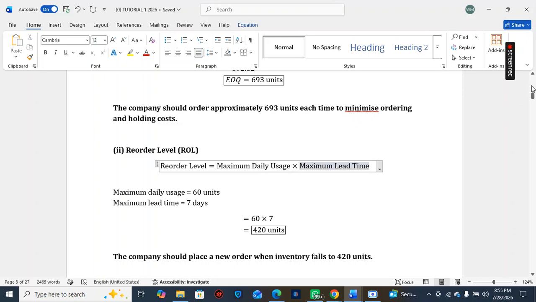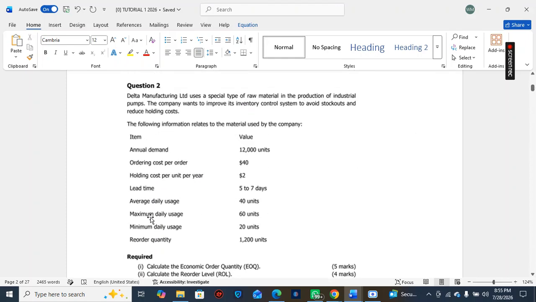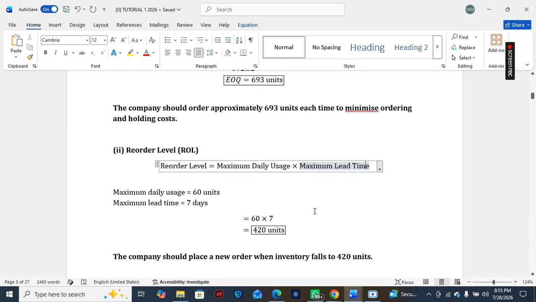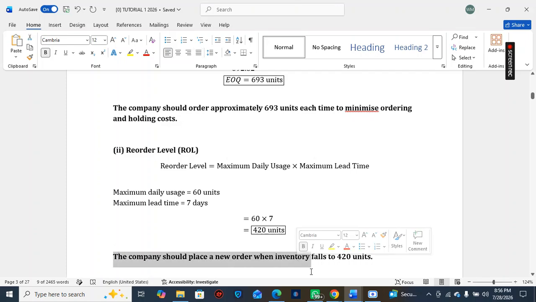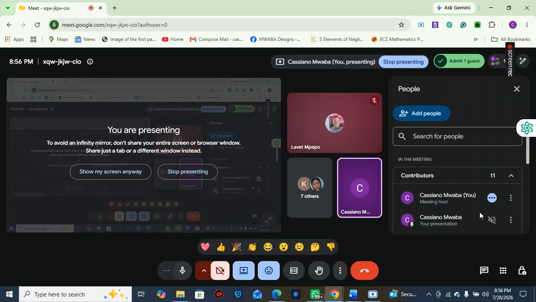Here we're given maximum daily usage 60 units, maximum lead time 7 days. So 60 times 7, you get 420 units. So when you find in the company you have 420 units, that's when you need to make a new order. Any questions on that?